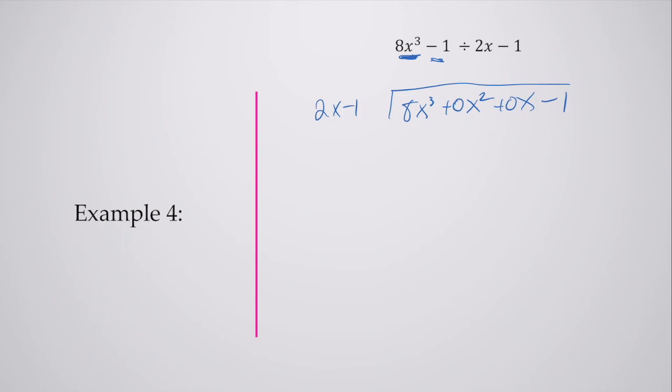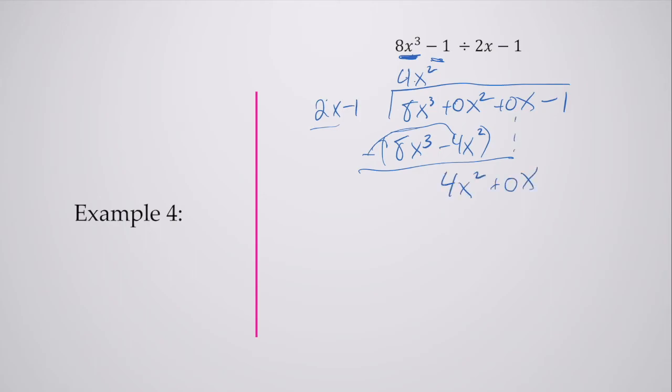What do I multiply 2x by to make it look like 8x cubed? The answer is 4x squared. 4x squared times 2x is 8x cubed. 4x squared times a negative 1 is a negative 4x squared. We subtract, distribute. I get a positive 4x squared, and I pull down my next term. Even though it's a 0x, because it's a placeholder, I pull it down.